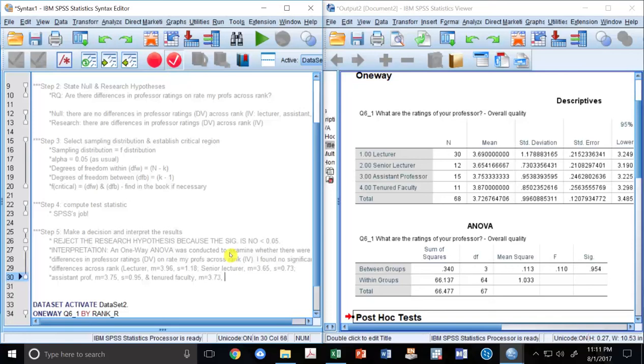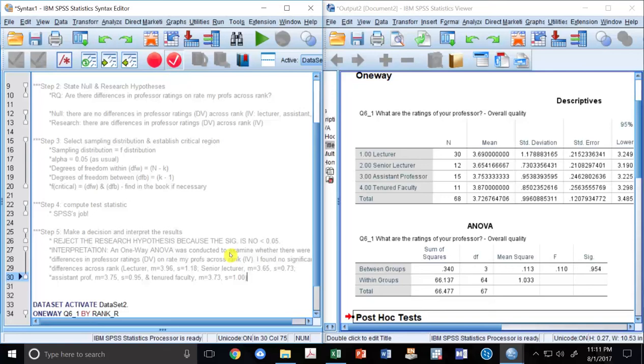If this were significant, I would be more specific about it and state specifically which group was higher and which group was actually statistically significantly higher. So I would definitely do that if you had significance. We don't have significance here, so I'm not going to write that.